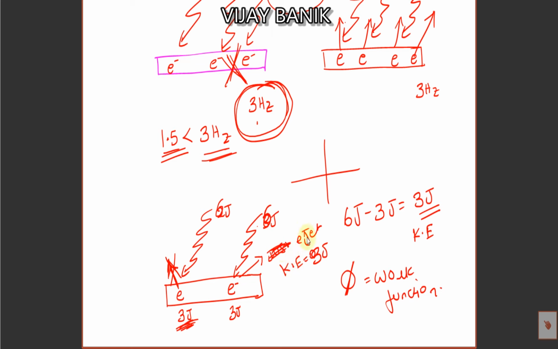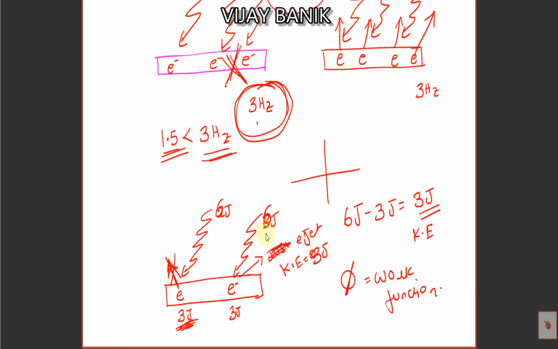If you supplied just the threshold frequency, the electron will just eject. Threshold frequency actually means a kind of work function, which I'll explain later. For now, you have to know that if the photon has energy equal to work function, the electron just ejects, but its kinetic energy is 0.